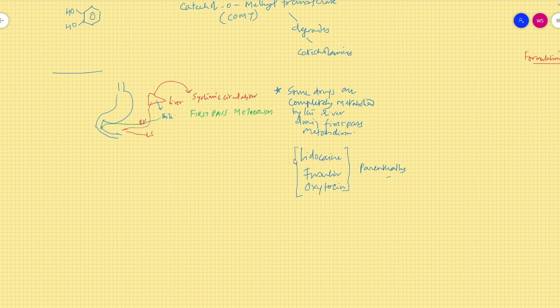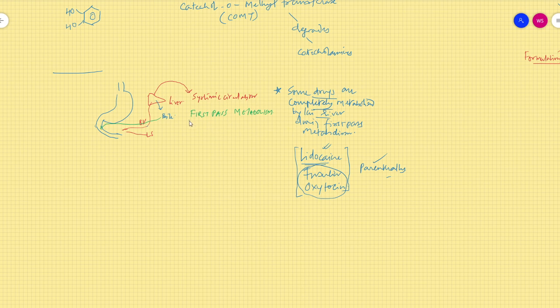So the thing to remember here is drugs like lidocaine are completely metabolized in the liver, whereas these drugs are mostly degraded within the intestine. The point to remember is that some drugs are completely metabolized by the liver during the first pass metabolism. So the option would be to give it parenterally.